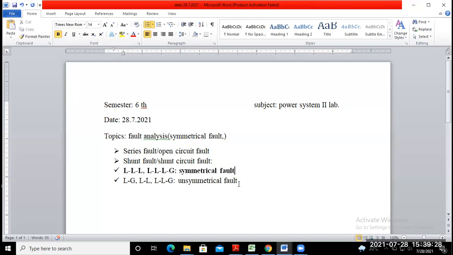First of all, let's discuss the assumptions, and then we will find the symmetrical fault current of the triple line fault or triple line to ground fault. Okay.